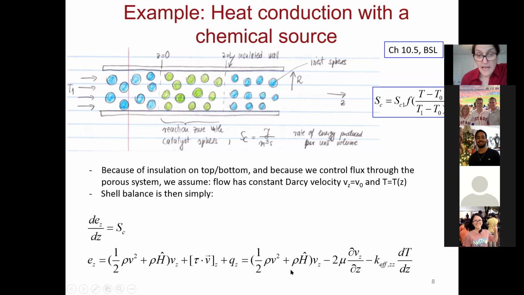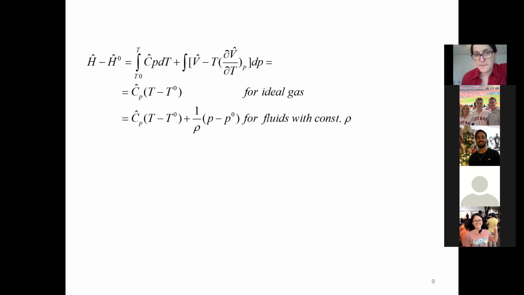And essentially, we now had to work with enthalpy because the velocity of the fluid is non-zero. Okay? So essentially, I have to go and take the derivative of all of these. What saves the day is that Vz we assume is this constant plug flow moving through. And then a lot of derivatives because of that disappear.